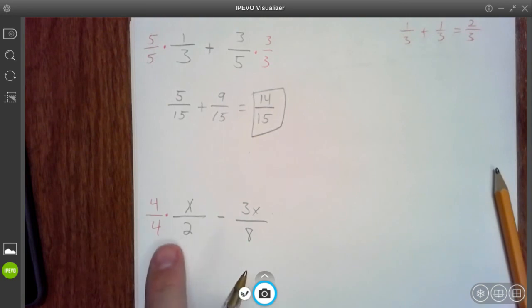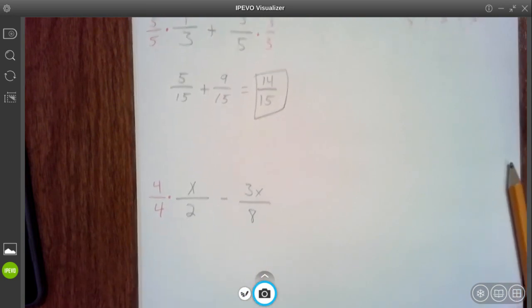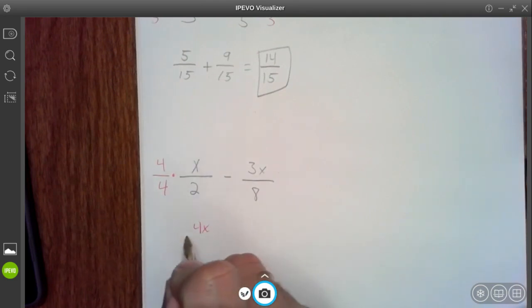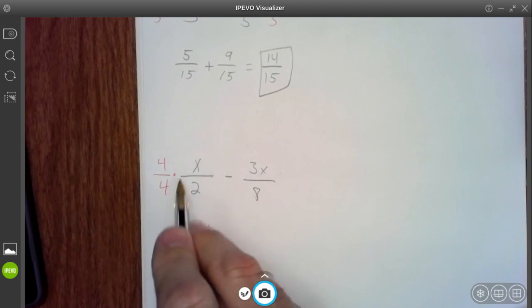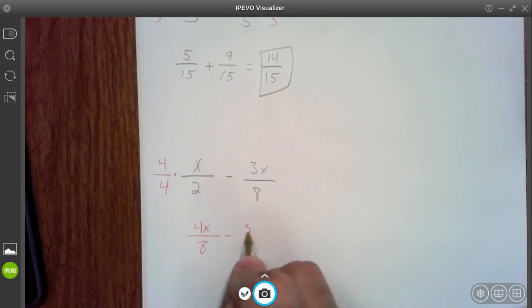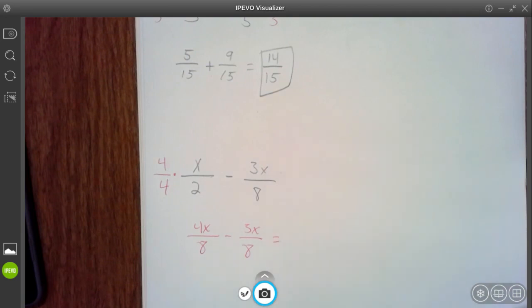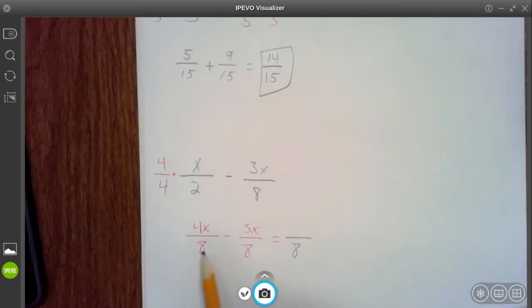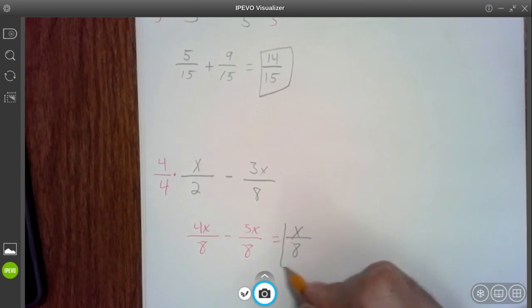That way, 4 times 2 gives me an 8, and they have the same denominator. All right, so I'm going to get 4x over 8 for this fraction, minus 3x over 8 for this one, and now we can just subtract them. They've got the same denominator, so I can just do 4x minus 3x, which is 1x. All right, and that's my answer.